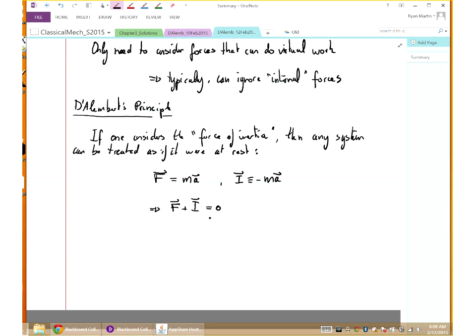And so then, because now this is like a statics problem, you can apply the principle of virtual work. And so what we did is we did the virtual work of F plus the virtual work of I.